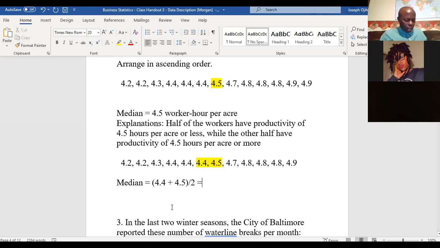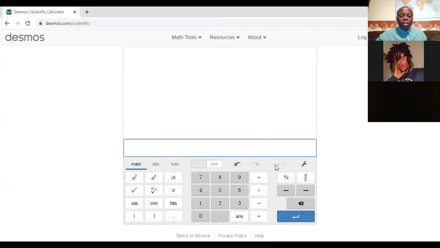So going to Desmos, the median becomes 4.4 plus 4.5 divided by 2.